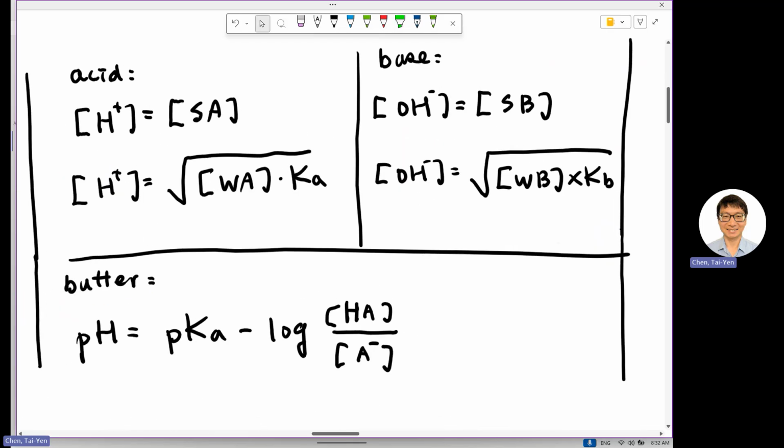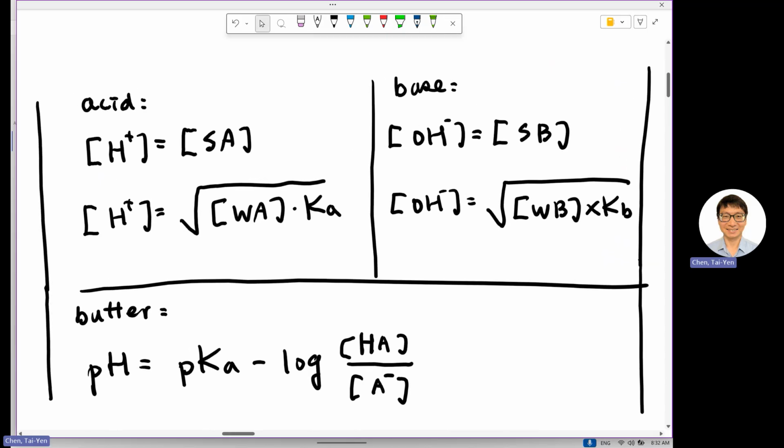Then we've gone down to these 5 different solutions. For acid, you have strong acid and weak acid. For base, you have strong base and weak base, right? And then we have another solution called a buffer. For the strong acid, it will be 100% dissociation.